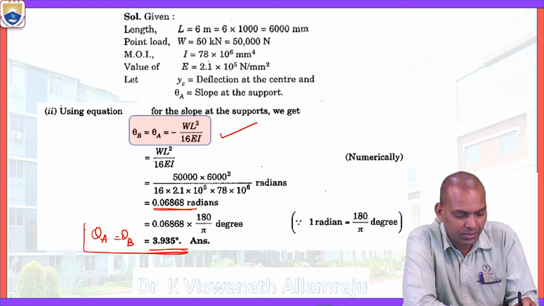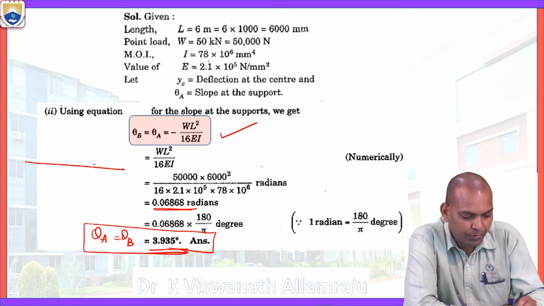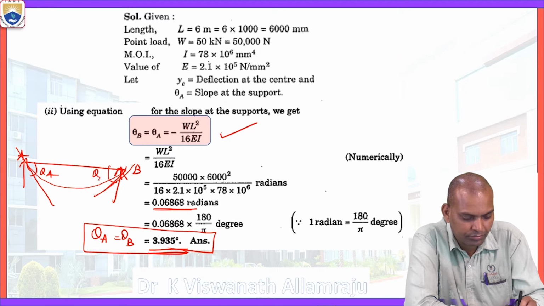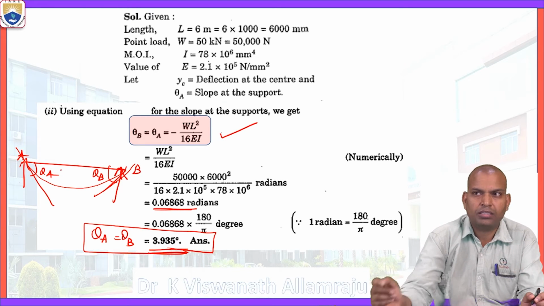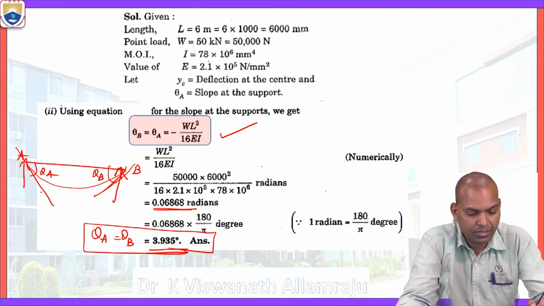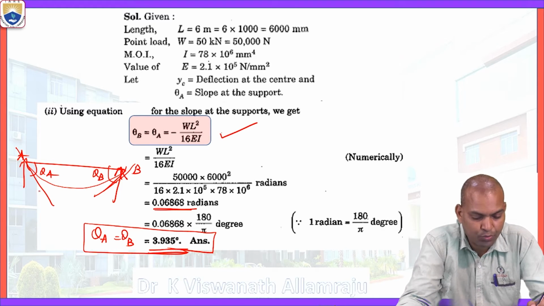That is the slope at supports, theta A and theta B, which is 3.935 degrees of inclination.